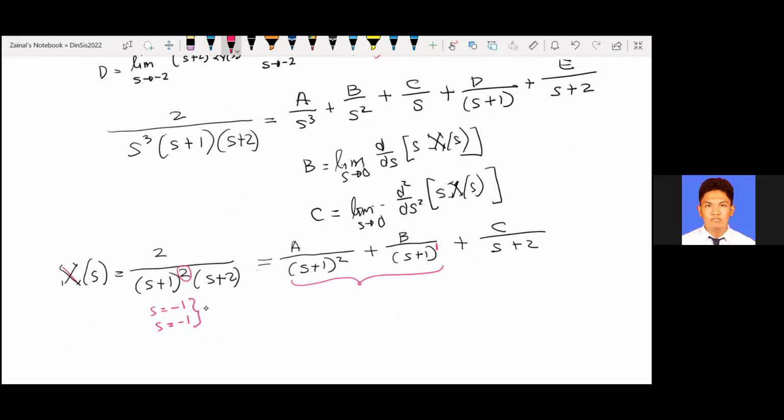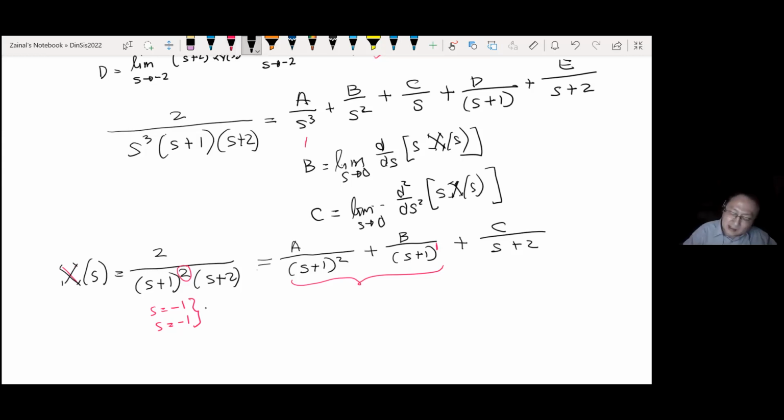Pak, izin tanya, Pak. Ya, silakan. Itu untuk yang atasnya itu buat nyari B itu pengalinya tuh S atau S pangkat 3 ya, Pak? Yang limit S mendekati 0 D per DS. Sebentar, ini saya salah nih. Untuk mencari A itu sama dengan limit S mendekati 0 dari S kalikan X(s).